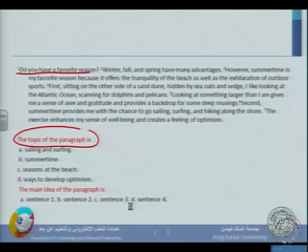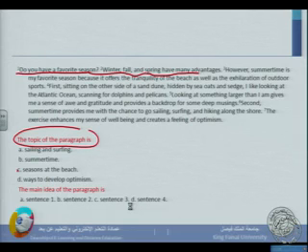Okay, so it's talking about what? Seasons. It's talking about seasons, like winter, fall, spring and their advantages.